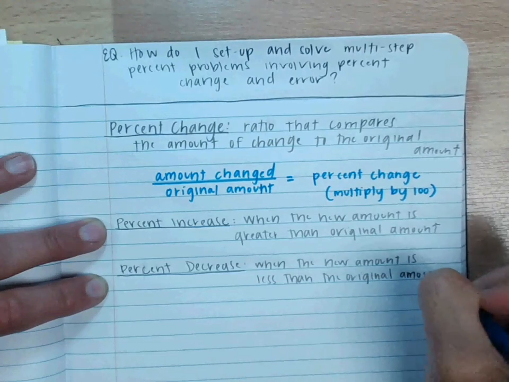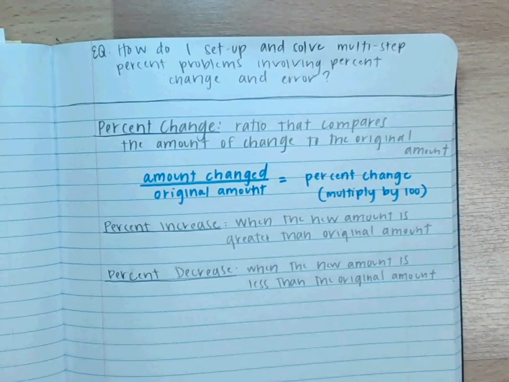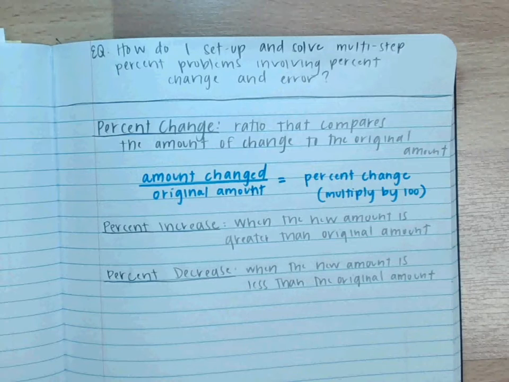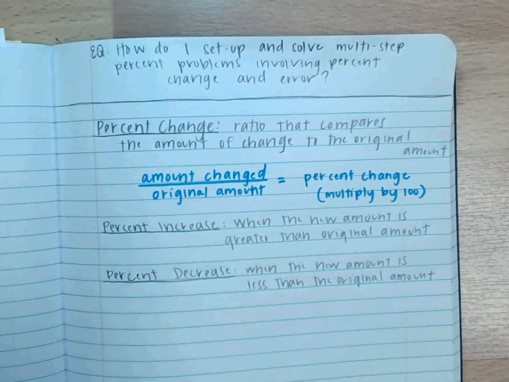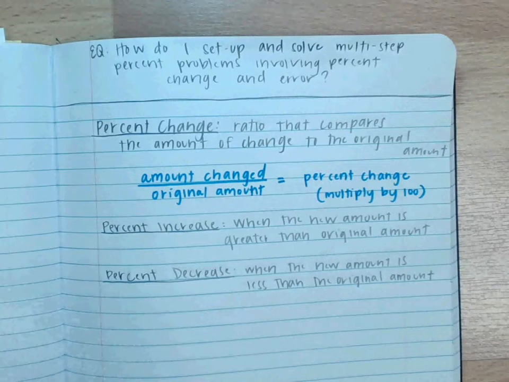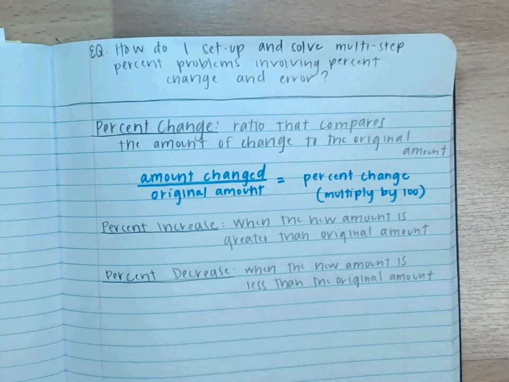So for example, if we're talking about the library still and there's 500 books in the library, but Miss Sarah has to get rid of some of the books because the covers are tearing and there's pages missing, we could find that percent, and that would be a percent decrease because the amount of books went down instead of up.